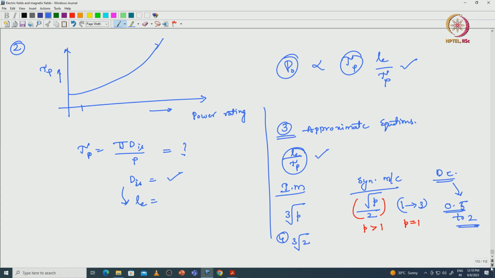Next we will see one example of how to decouple D and L for a given power rating. Let us consider a machine of rating 30 kilowatt, 690 volts, 50 hertz, 3 phase, 1410 RPM, star connected squirrel cage rotor induction machine.